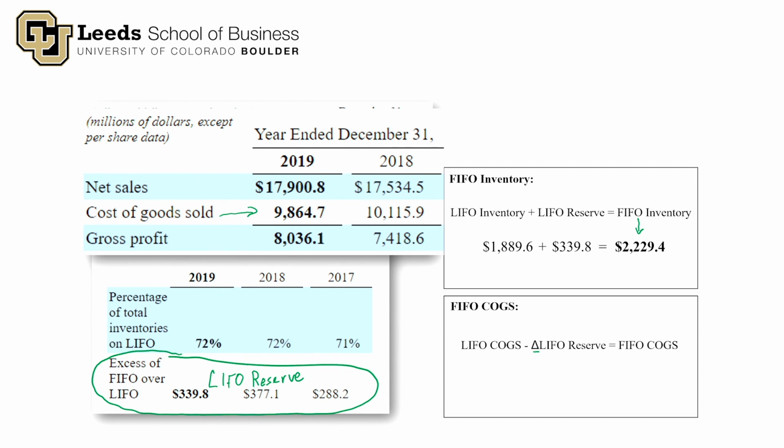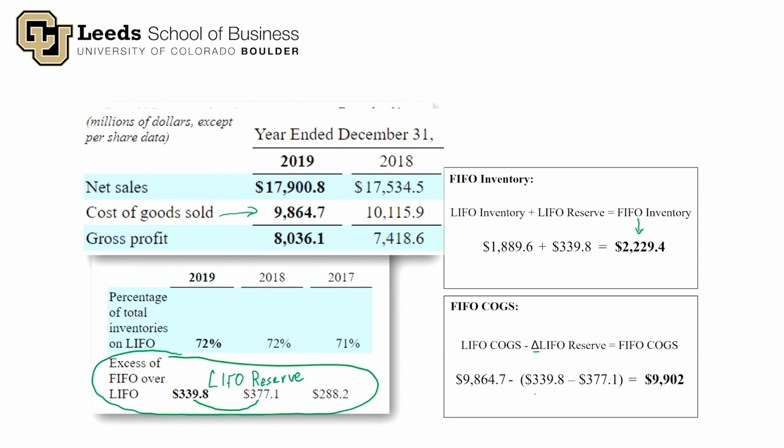We'll use the change in the reserve from last year to this year. You can see the reserve decreased from last year to this year. We're going to subtract that decrease, so we're actually going to be adding the difference there. We'll take LIFO-based cost of goods sold of 9864.7, which is on the income statement, and subtract the change in the LIFO reserve.